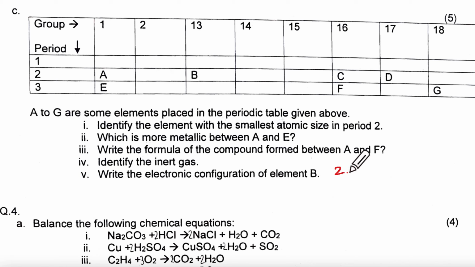So the first shell will be 2 and the second shell will have 3. Understanding? Yes, ma'am. Okay, so 2 shells are there because it is period 2. And group 13 means the valence shell will have 3 electrons. How is it?